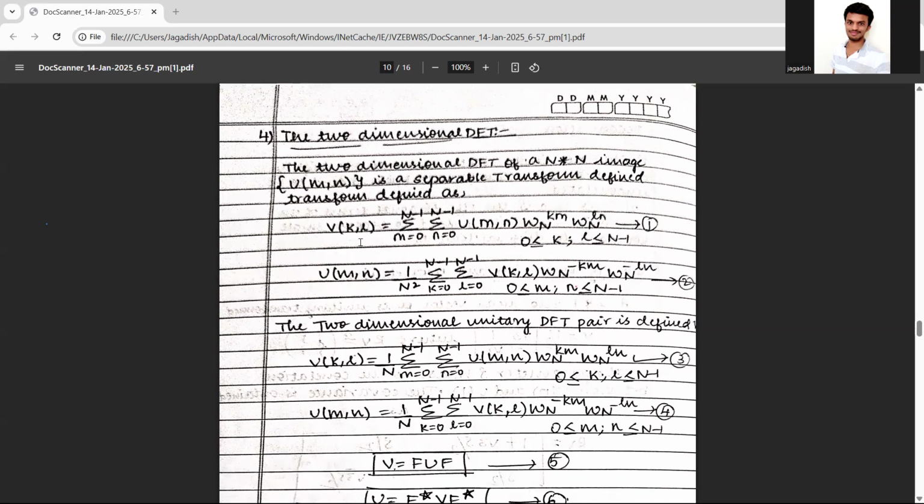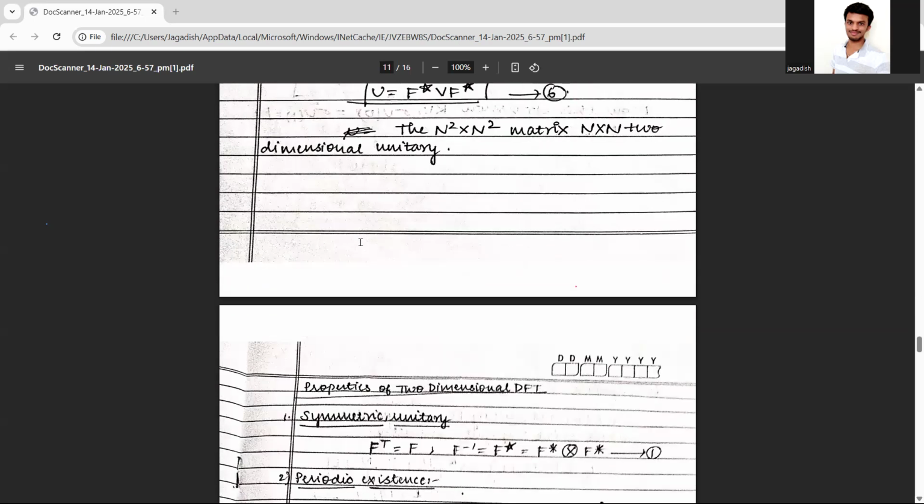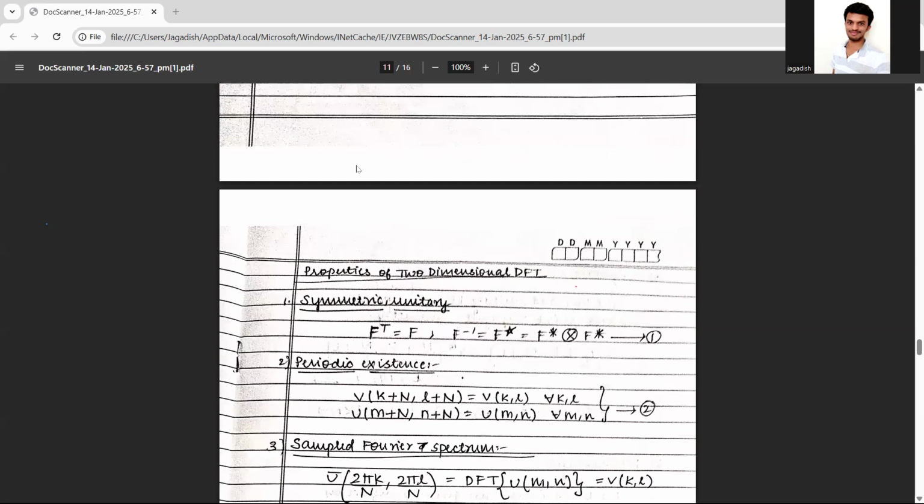You are supposed to write the 6 equations and write the properties, students. So the first property of this is 100% sure question, students. This is 100% sure. Definitely, you will be having in your examination. Without this, they won't set the paper only.